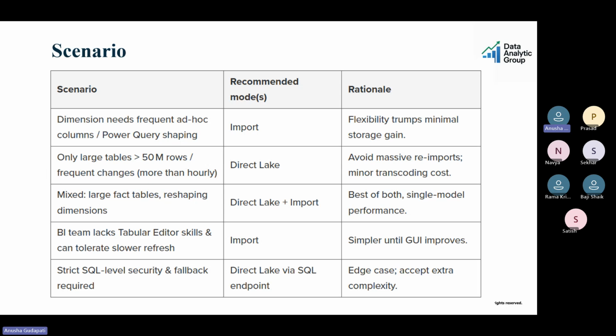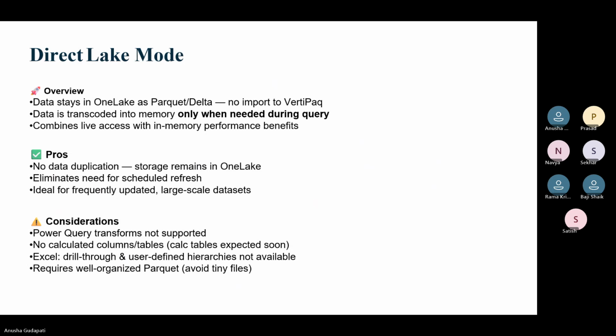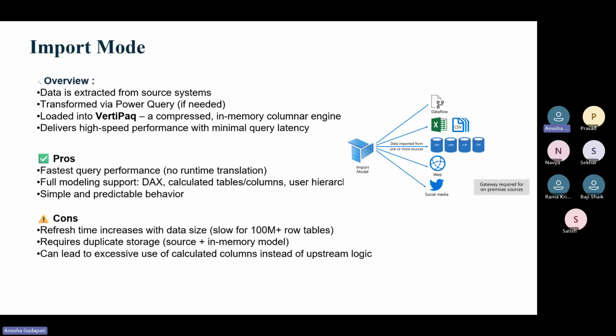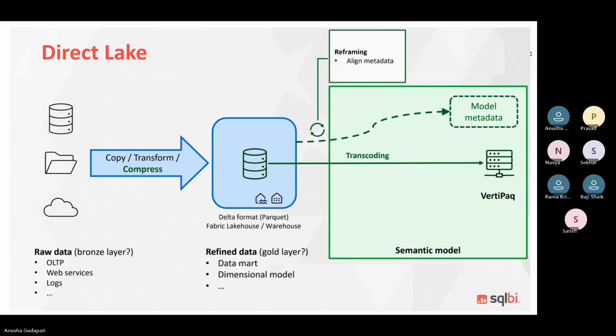So this might lead us to a question called what is fallback. To understand the fallback, we need to go back to the direct link mode. Suppose a query is not able to fetch the data from the direct link, it will automatically fall back to direct query.